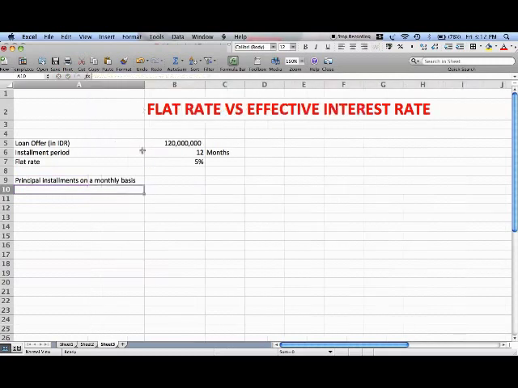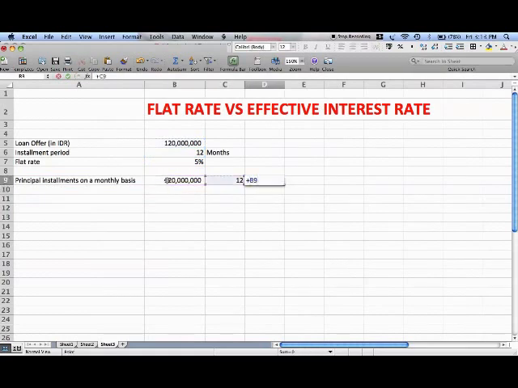It's 120 divided by 12 months, and that's 10 million per month.